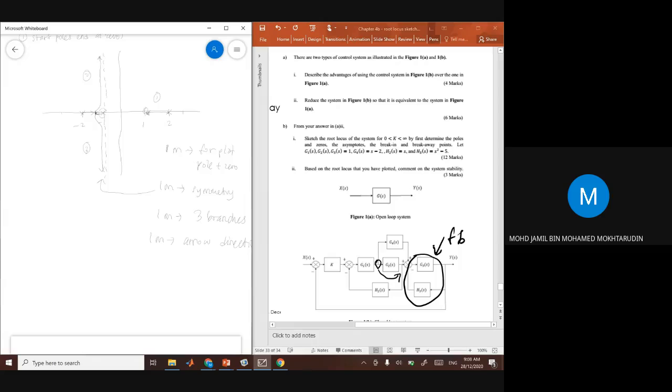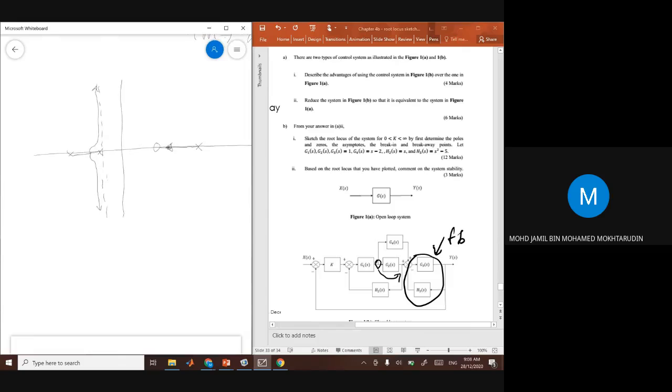Okay, so question number 2. Based on the root locus that you have plotted, comment on the system stability. Okay, let's draw it nicely.